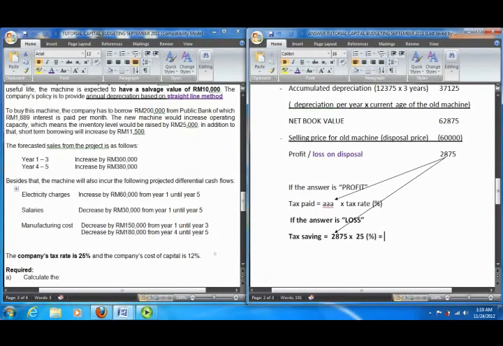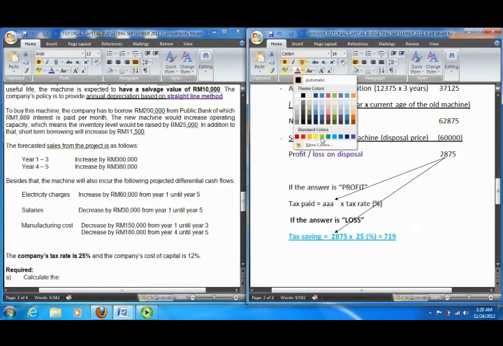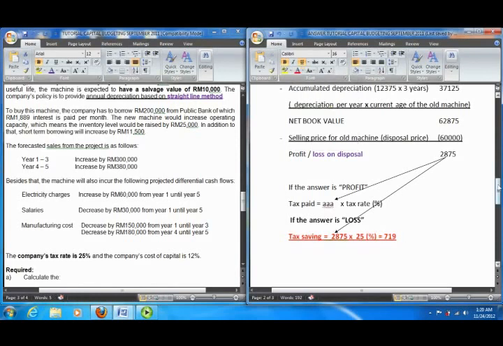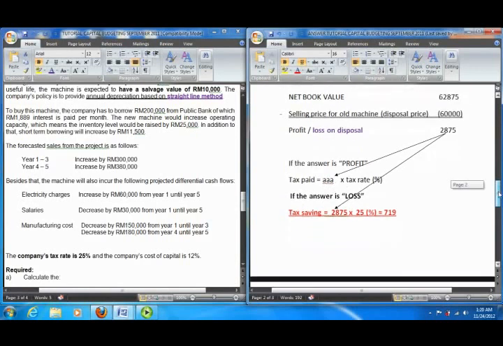So, class, the answer for your tax saving, 2,875 times 0.25, you will get 719. So you have now, class, step 3 settled, correct? Because you have got your amount of tax. So your tax saving is 719.